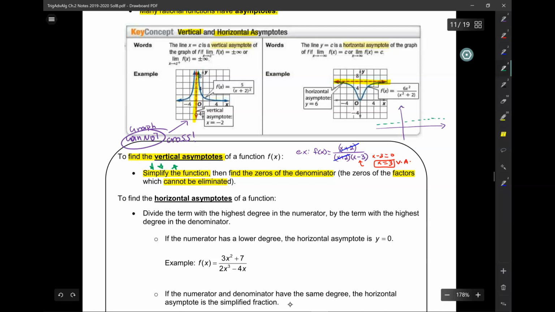Horizontal asymptotes only take effect at the very ends. So at the very end of this, the graph will level off according to the horizontal asymptote. But it is possible for the graph to come up and then down and cross the asymptote. And then it's possible to cross again and again, and then follow the asymptote at the end.